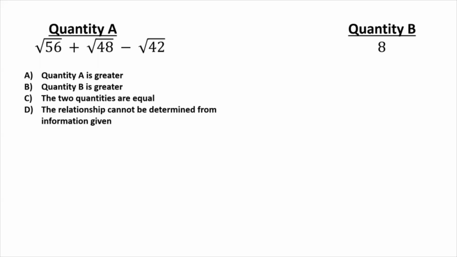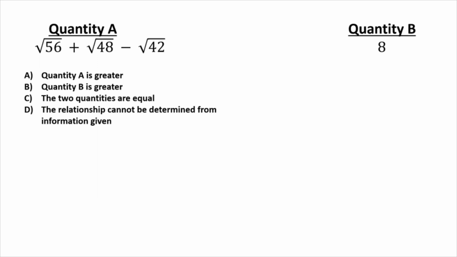This is a simple looking quantitative comparison question involving square roots or quadratic surds, and this is a question type that's pretty common in standardized tests like the GRE, for example. So we have two quantities.